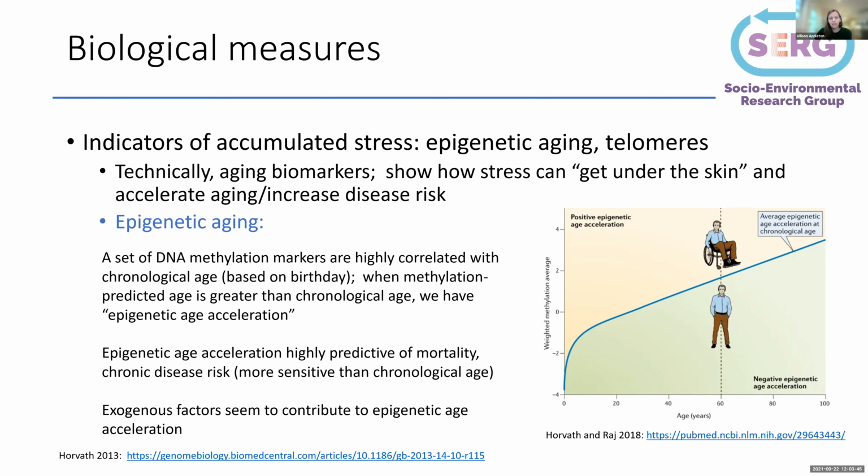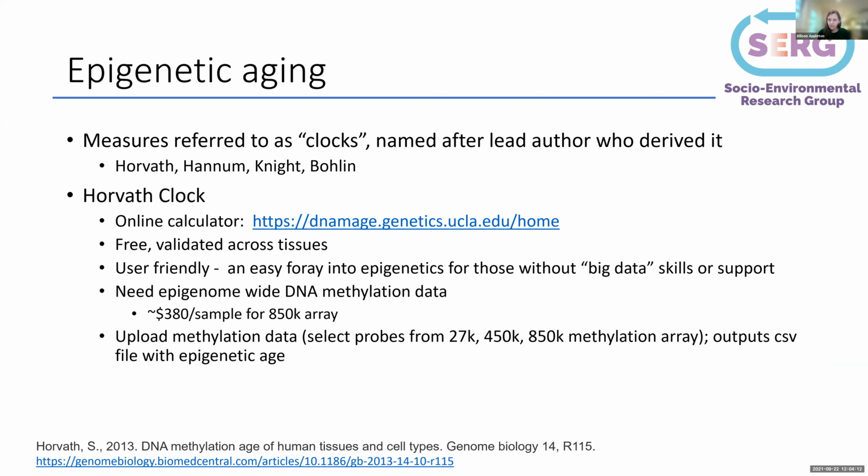So this epigenetic age acceleration is highly predictive of mortality and chronic disease risk, more so than your chronological age. So that's interesting. But what's also interesting is that exogenous factors like stress seem to be contributing to epigenetic age acceleration. So this is a new thing people are looking at.